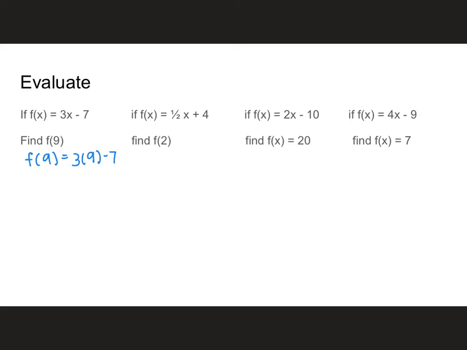We're replacing that, substituting that 9 in for the x. So then we have 27 minus 7, and f of 9 is 20.